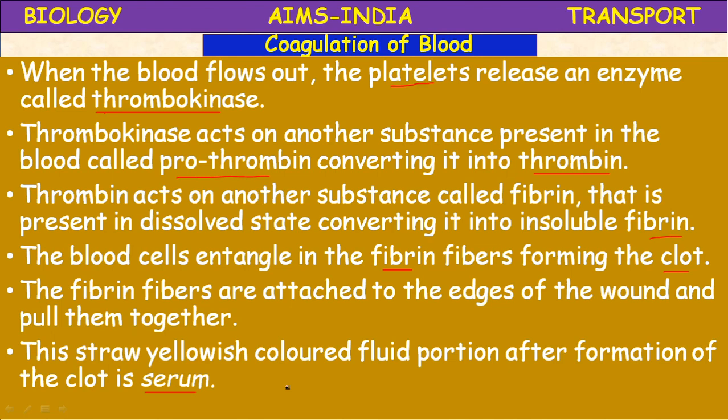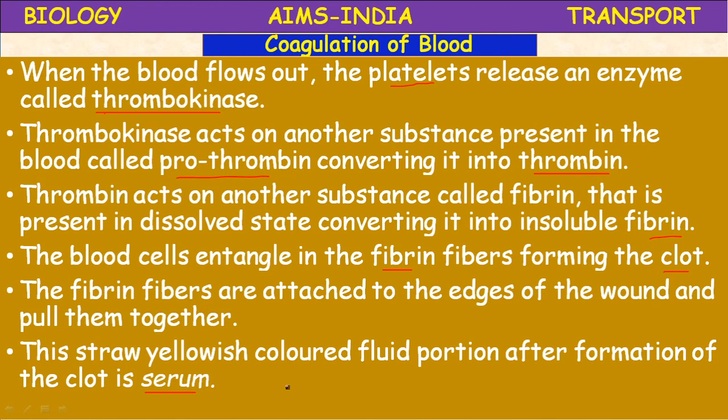Another important factor also involved in the coagulation of blood is vitamin K. Vitamin K plays a very important role in the coagulation of blood. Deficiency of vitamin K leads to delay in blood clotting.